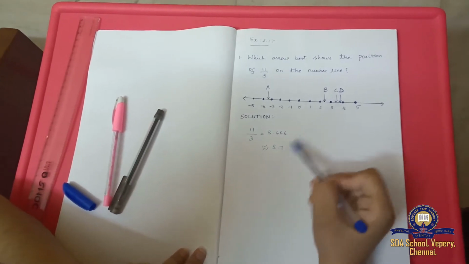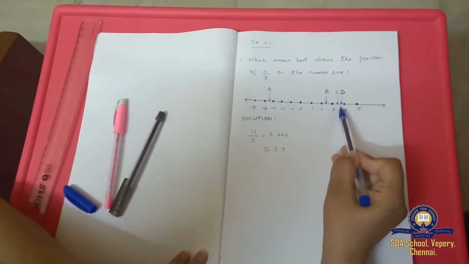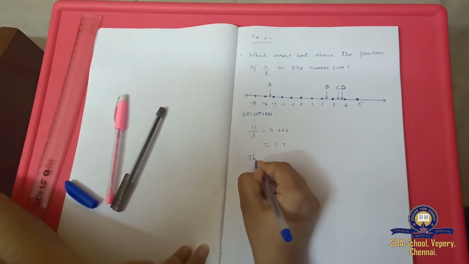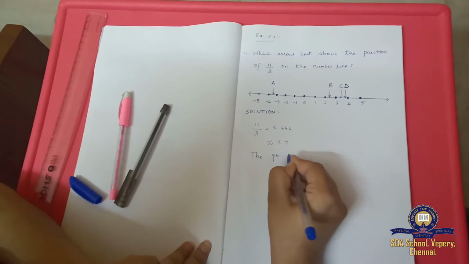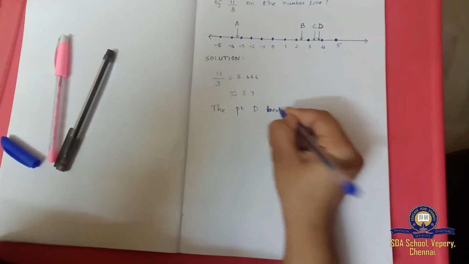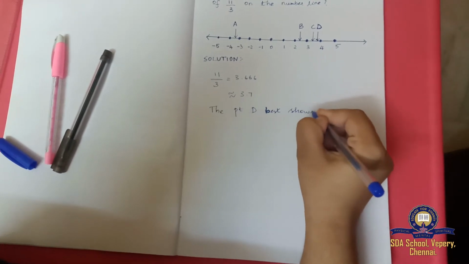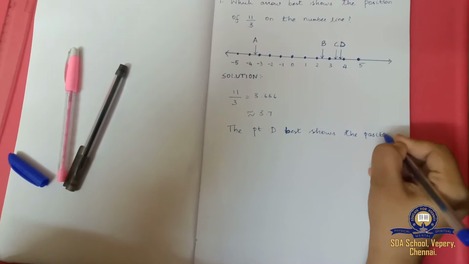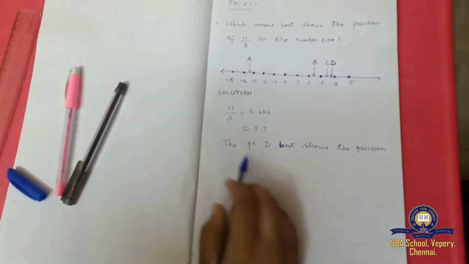This lies near to 4. So we can say that the point D shows the position on the number line. Got it, students?